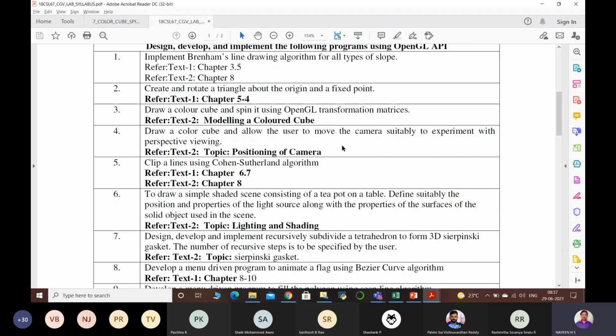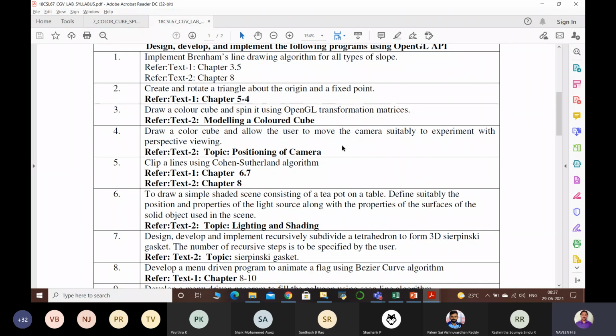Now I change the direction of the camera or the distance, so the position also changes. I will move my camera another 10 meters away from the tree and in a different direction. Like that, you have to try different possibilities of viewing an object in perspective viewing by moving the camera. That is the fourth program.